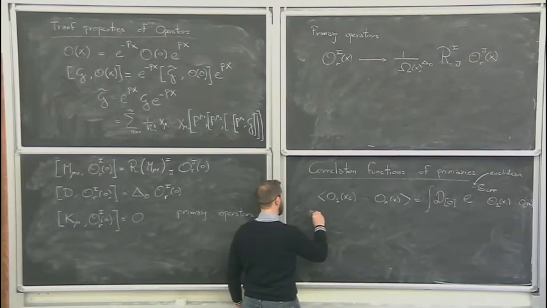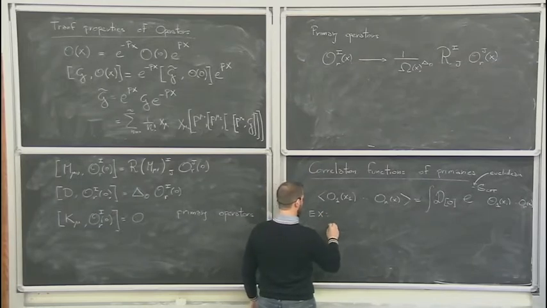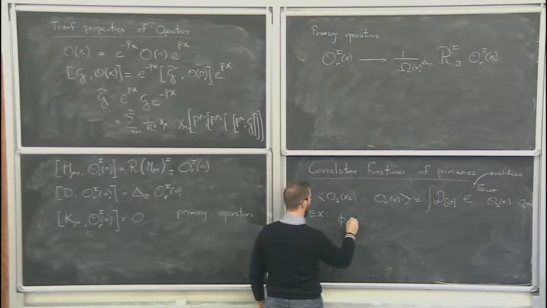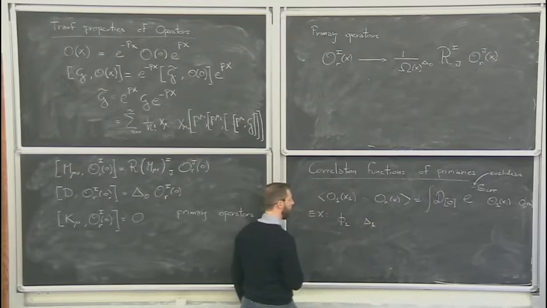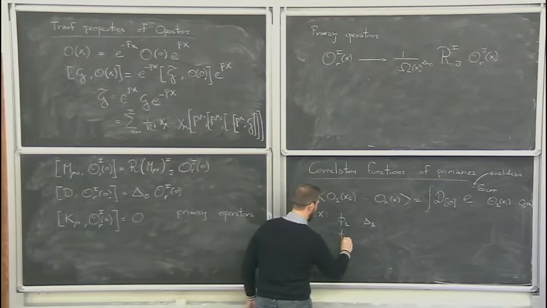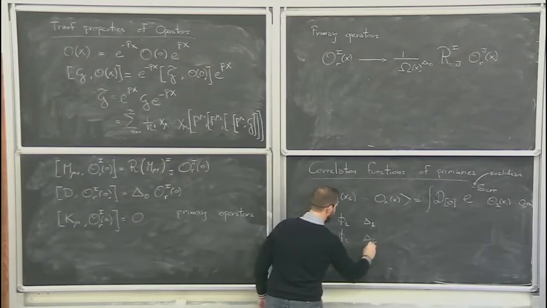So the first example that I would like to consider is the correlation function of two scalars. So let's consider scalar phi1, which has dimension delta 1, and the scalar phi2, which has dimension delta 2.